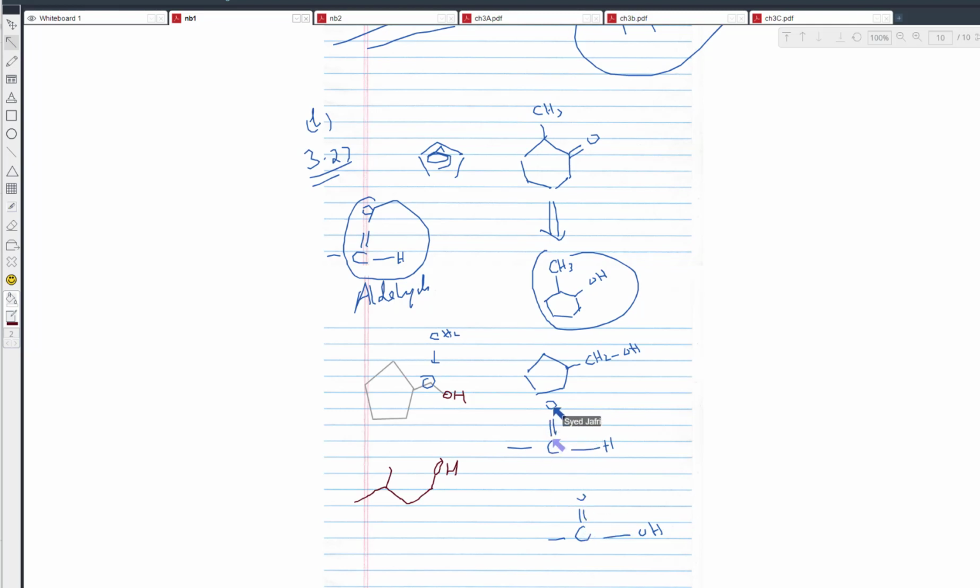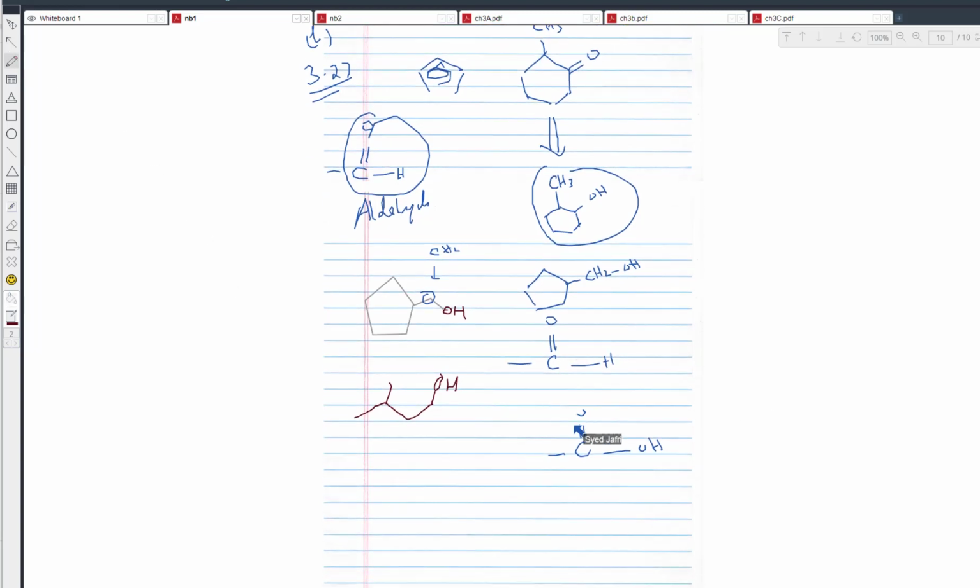Get rid of this oxygen and put two hydrogens, by replacing the two bonds with oxygen with two hydrogens on the carbon.